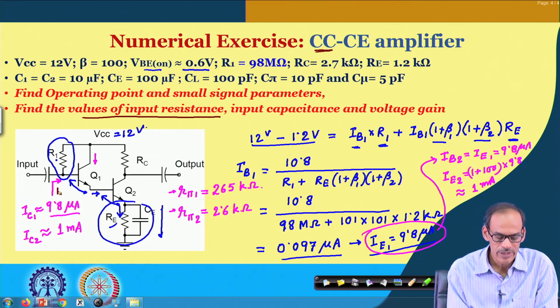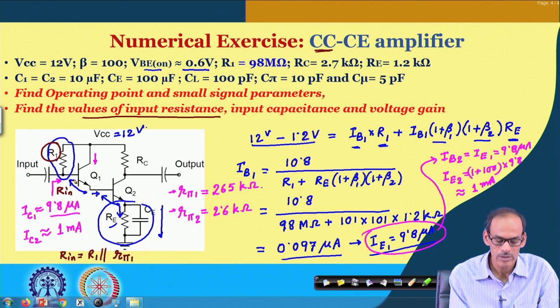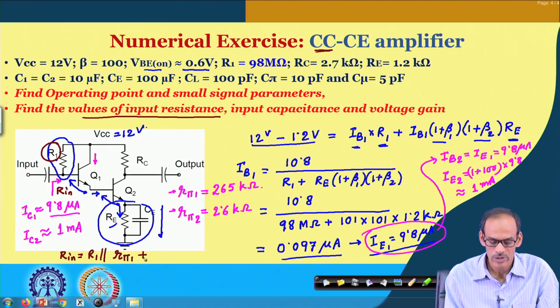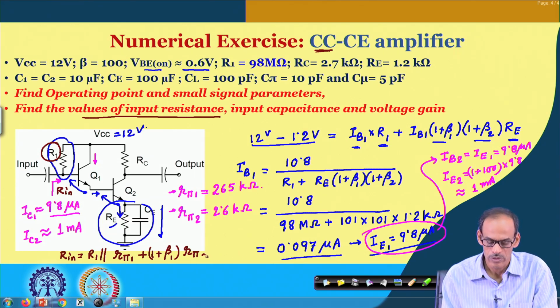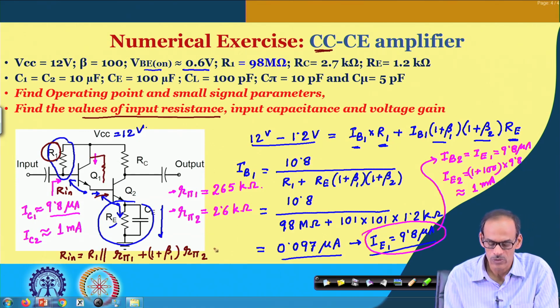So, the input resistance here, R in, is the parallel connection of R 1 and whatever resistance we have. Let me use this space here: R in equals R 1 in parallel with R pi 1 in series with (1 plus beta 1) times R pi 2. We are ignoring this R naught here and considering only this R pi 2.